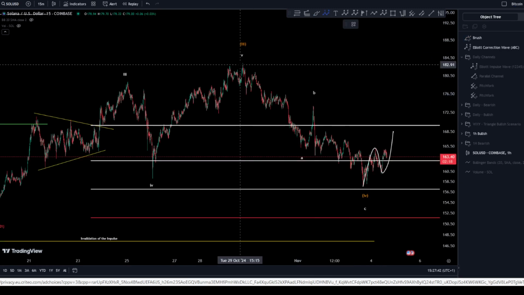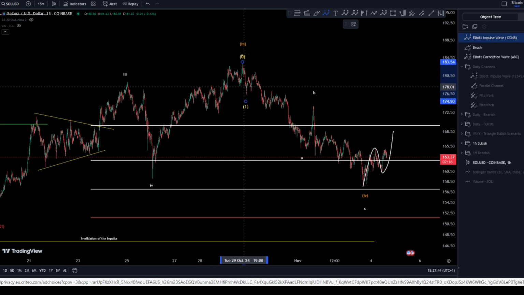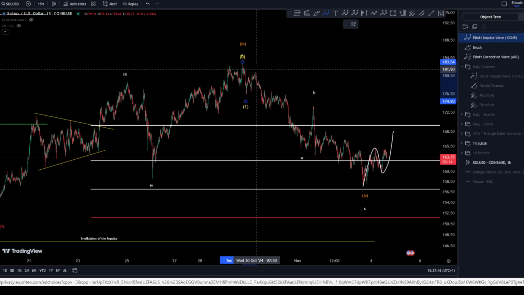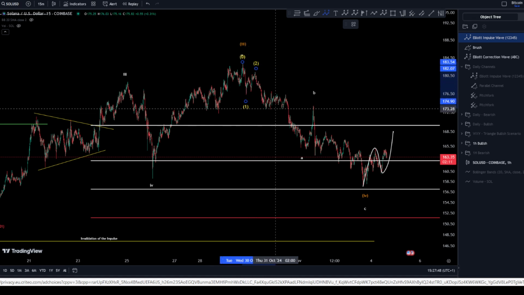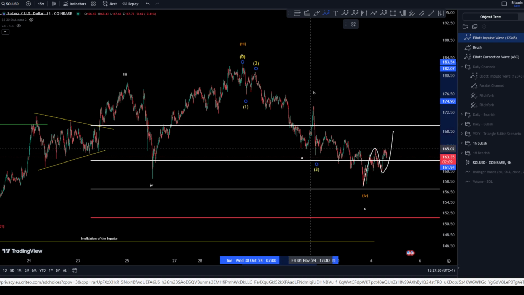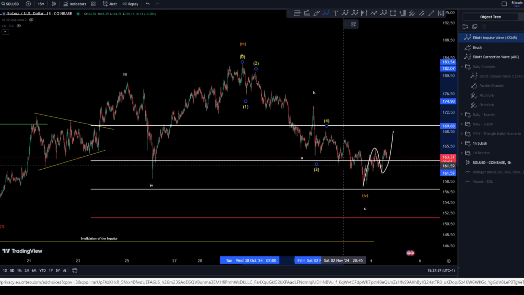I'm going to explain. You have 5 waves already clear here as an impulse. You have a wave 2, ABC, and then 1, 2, 3, 4, 5, finishing wave 3. And then you have ABC again for your wave 4, and then 1, 2, 3, 4, and a 5.